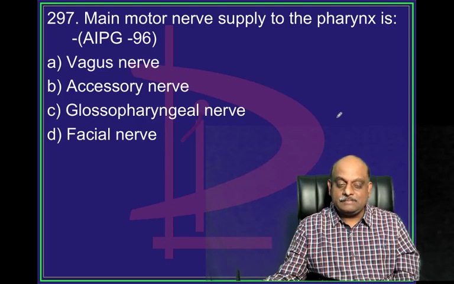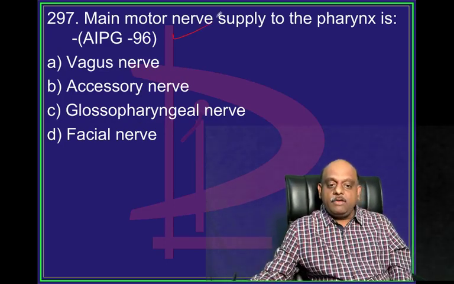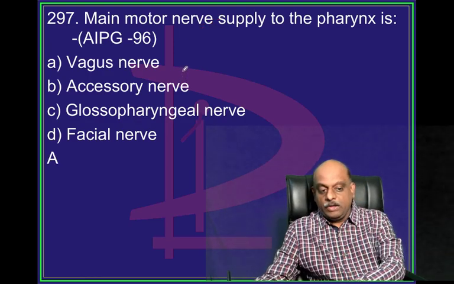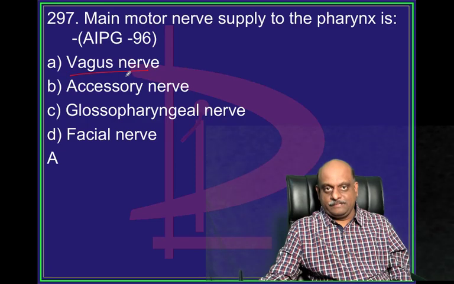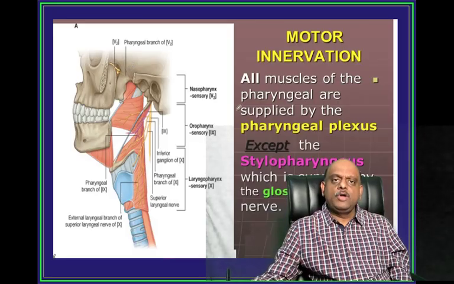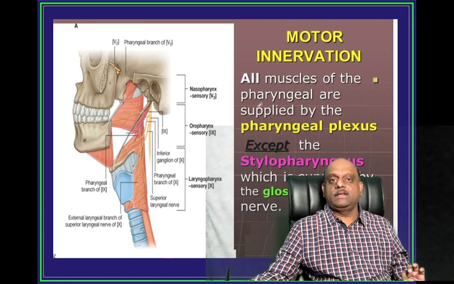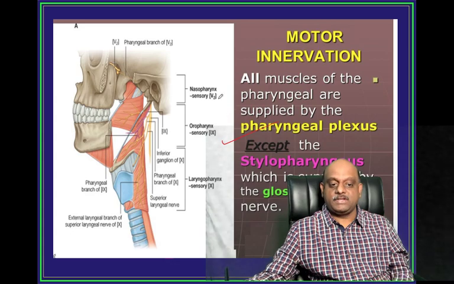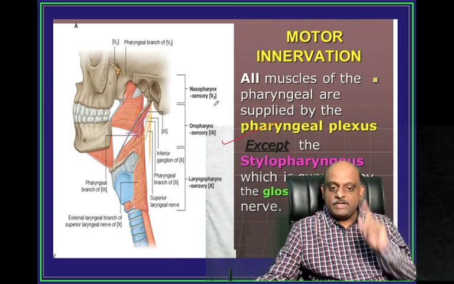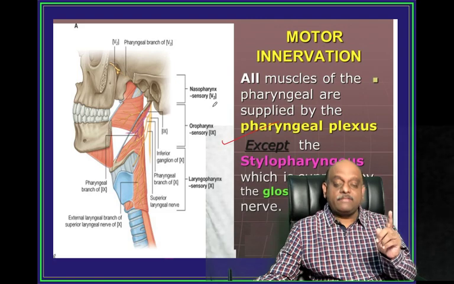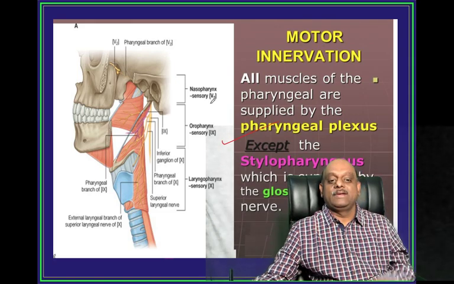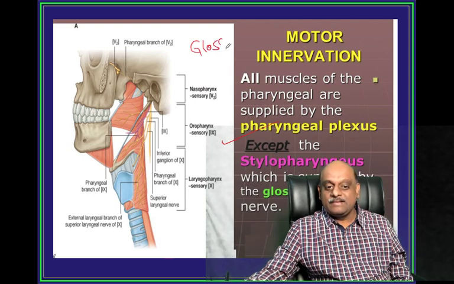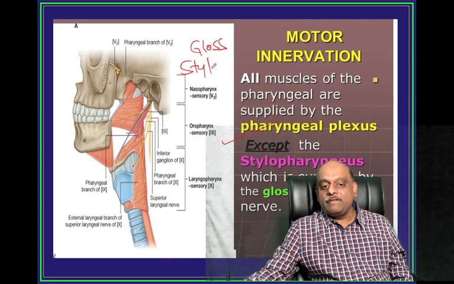What is the main motor nerve supply of the pharynx? Major motor supply. You should remember it is the vagus nerve. All the muscles of the pharynx are supplied by the vagus through pharyngeal plexus. The only muscle of the pharynx which is not supplied by the vagus but by the glossopharyngeal. Which one? Stylopharyngeus.